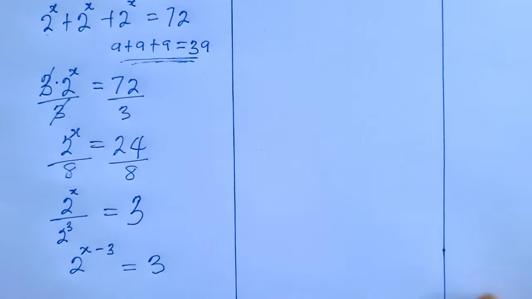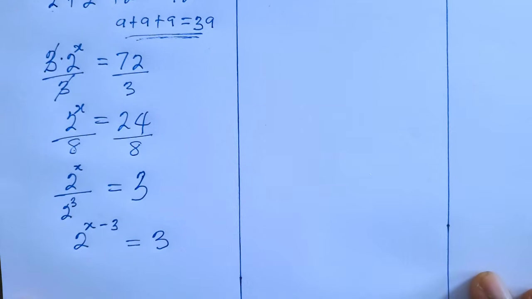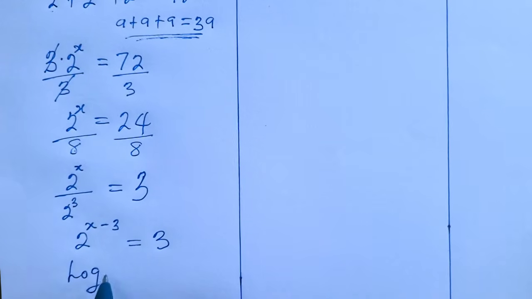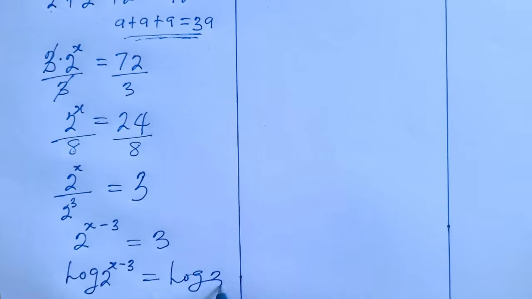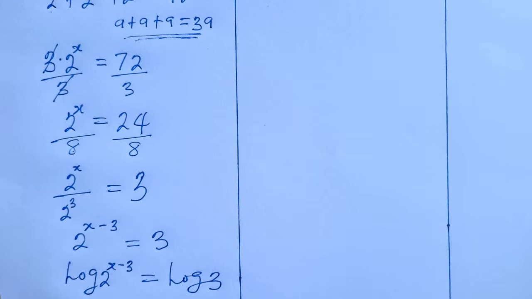Now, the next step to be considered here, I'm going to take the log of both sides of this equation, and we are going to have log 2 to the power of x minus 3 equals log 3. And right here, I'm going to apply the power rule.